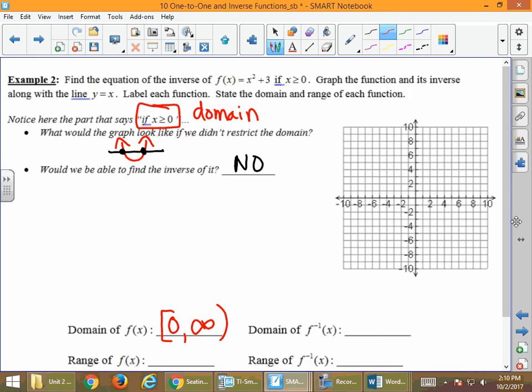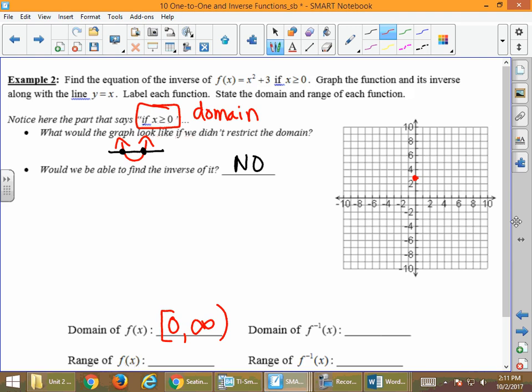Now, remember that domain deals with the x values. And I'm going to erase, so if you're writing in pen, wait a couple minutes before you write this down. Plus 3 on our square function means that we're going to move the graph up 3.